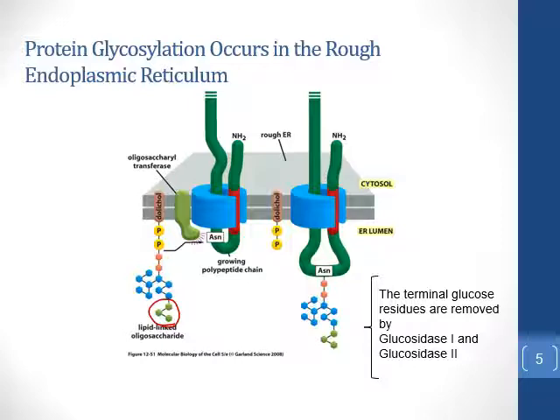We also know, and I think we'll see it on the next slide, that those terminal glucose residues are removed by glucosidase 1 and glucosidase 2, which are consistent with their role as indicators of completeness when it comes to the precursor.